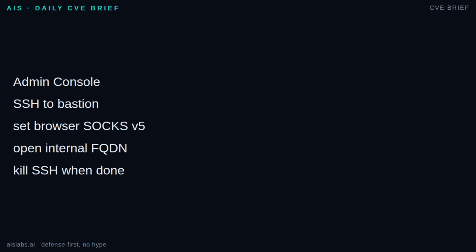Now browse to the internal FQDN. The HTTP connection is made from the bastion side, not directly from your laptop. When finished, close the browser tab, restore normal proxy settings, and stop SSH with Ctrl-C. Close the tunnel, close the door.